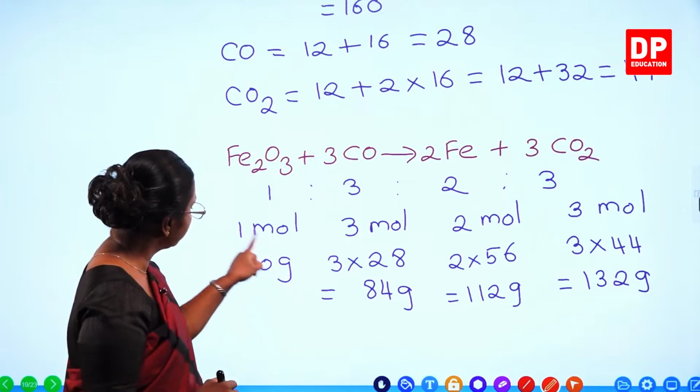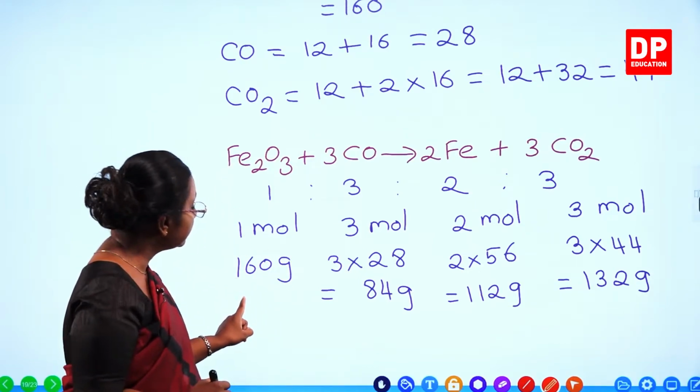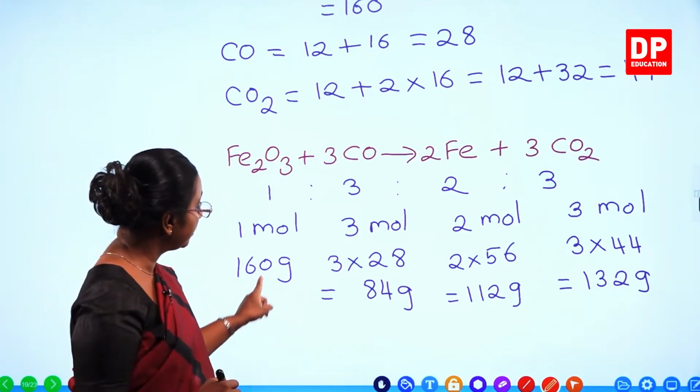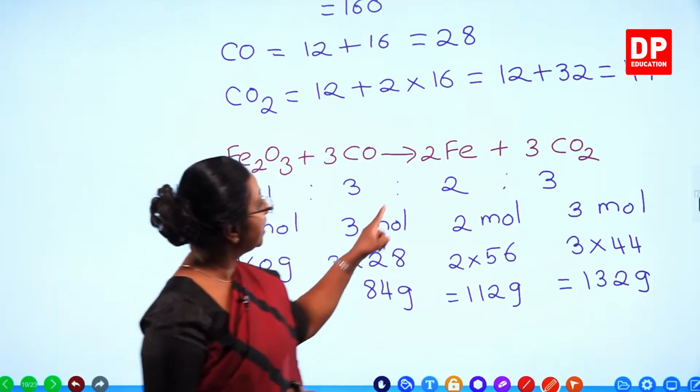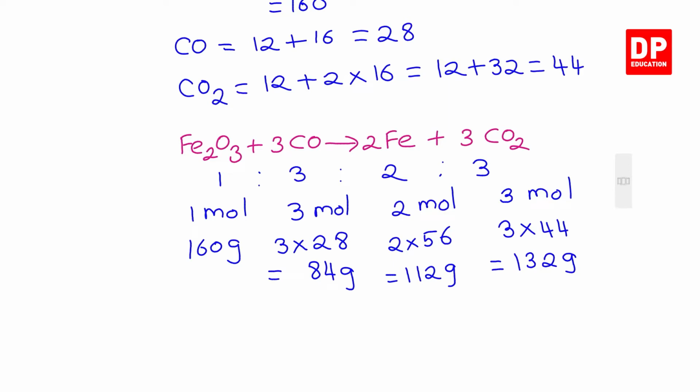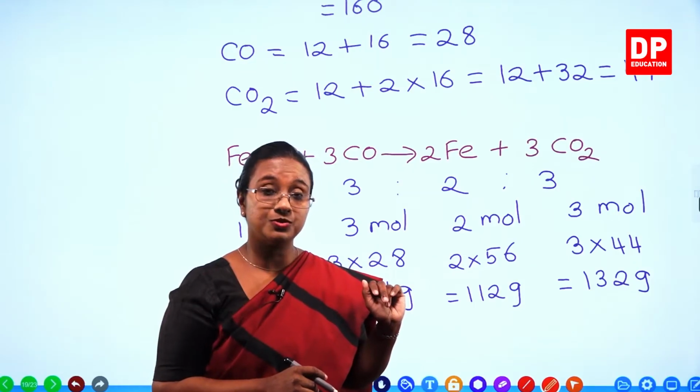So if you want to use 160 grams of Fe2O3, you will need 84 grams of carbon monoxide. You will get 112 grams of iron and 132 grams of carbon dioxide will be produced.